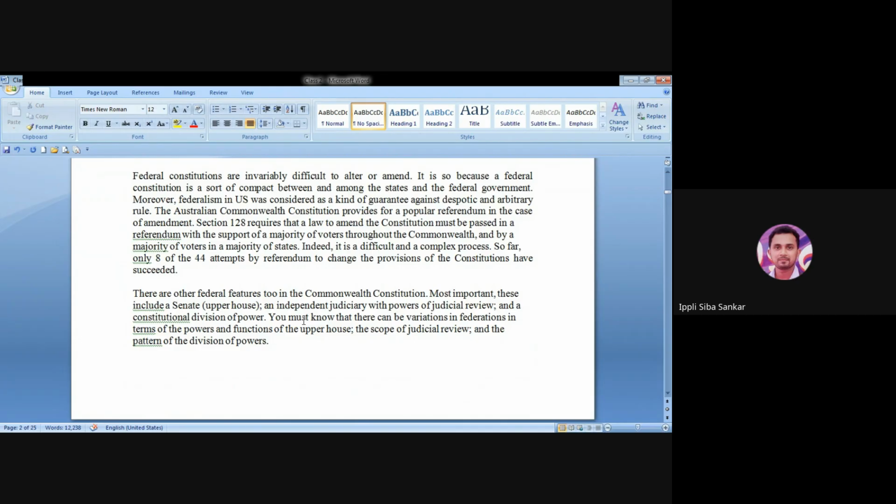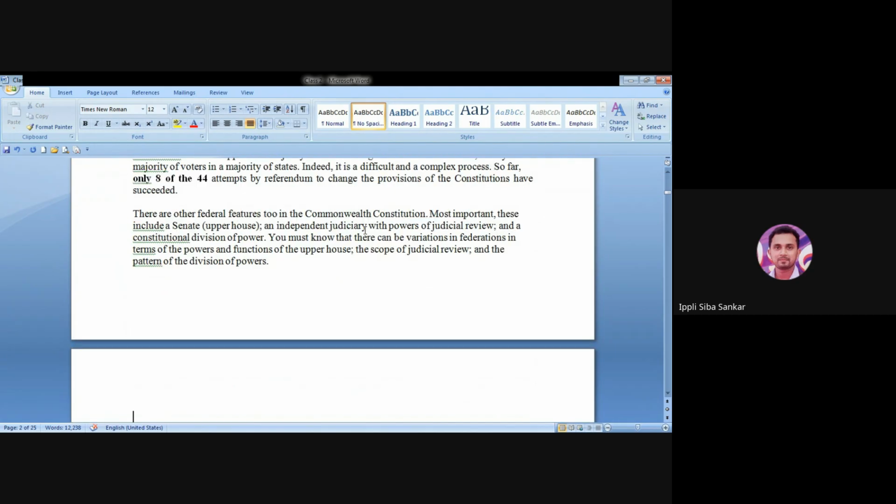If it is supported by the people, and gets the majority, then that amendment can succeed; otherwise it cannot. So here you can see that only 8 amendments have so far been made out of 44 attempts.